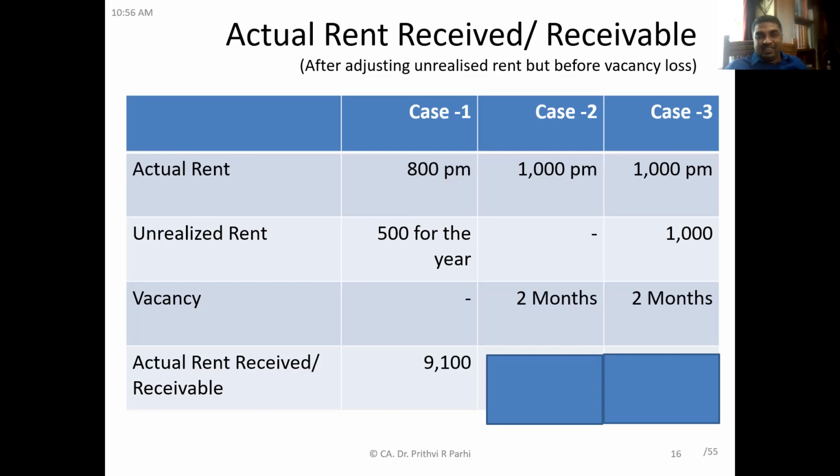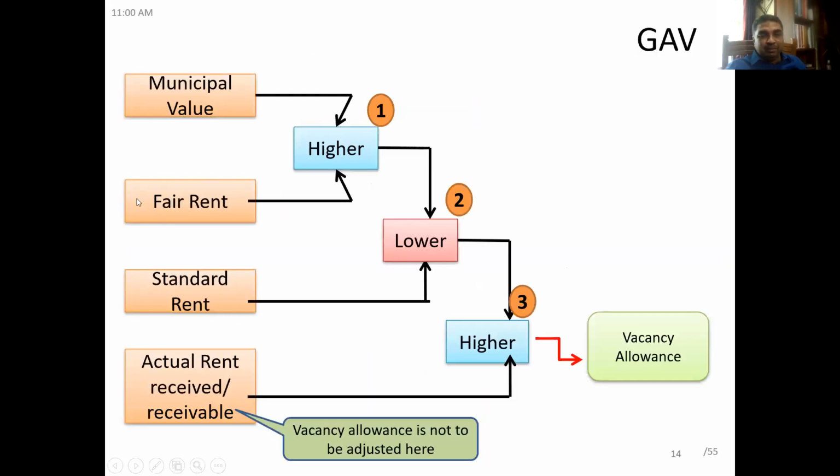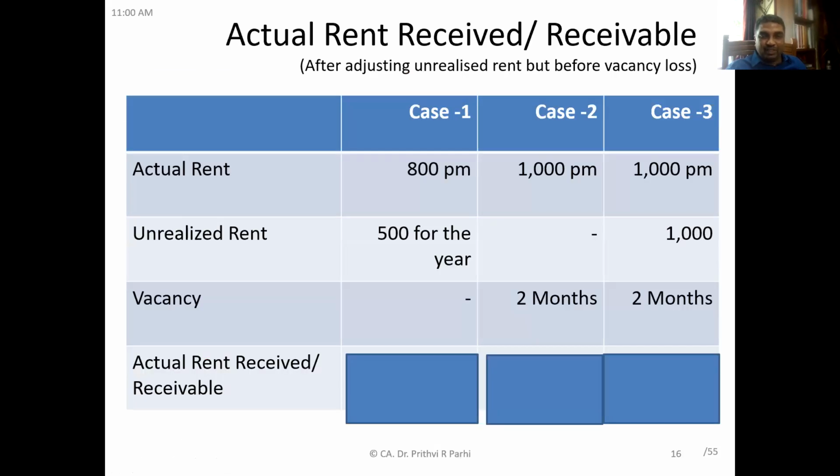Once again, let me go back and explain. Vacancy allowance is not to be adjusted here. But after you get the actual rent, when you compare it with the reasonable rent and arrive at the higher figure, after that allow vacancy allowance. Are you able to understand? So don't make that mistake.